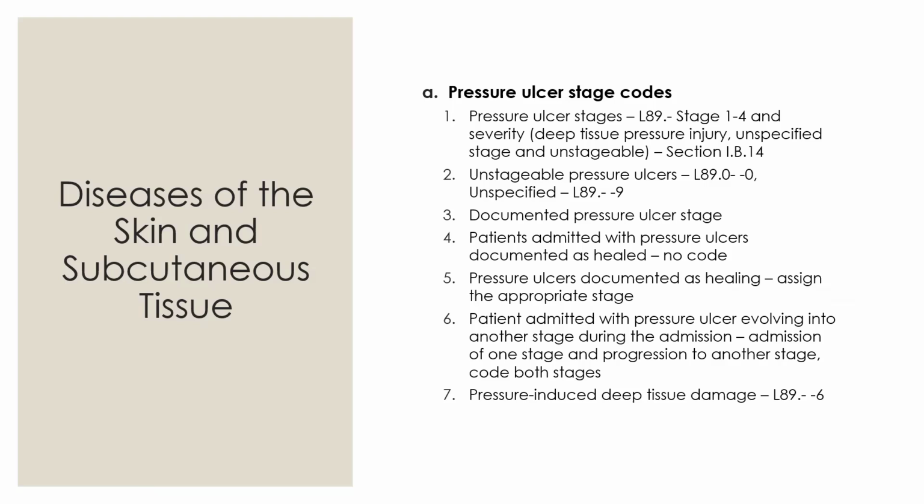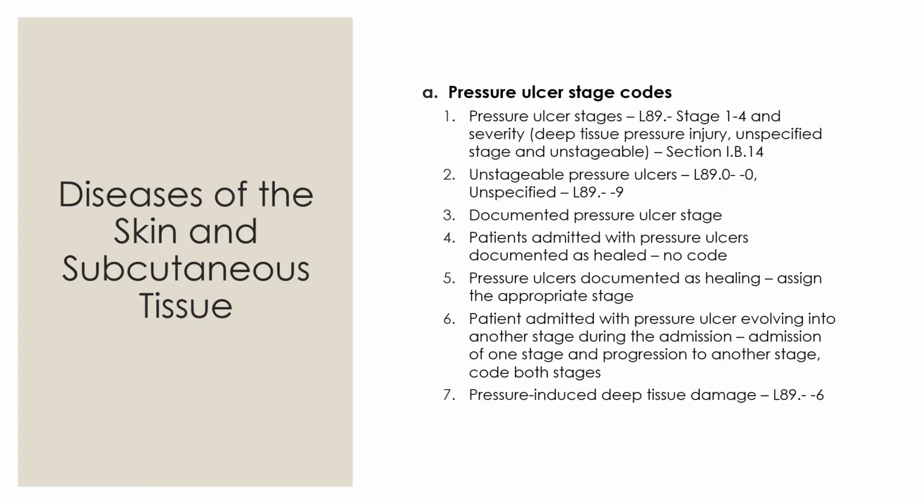Number 2, unstageable pressure ulcers. Assignment of the code for unstageable pressure ulcers, L89 dot, with the sixth character being 0. Remember, to be a full code, you still need your fourth and fifth character, but for unstageable, your final character will be a 0.